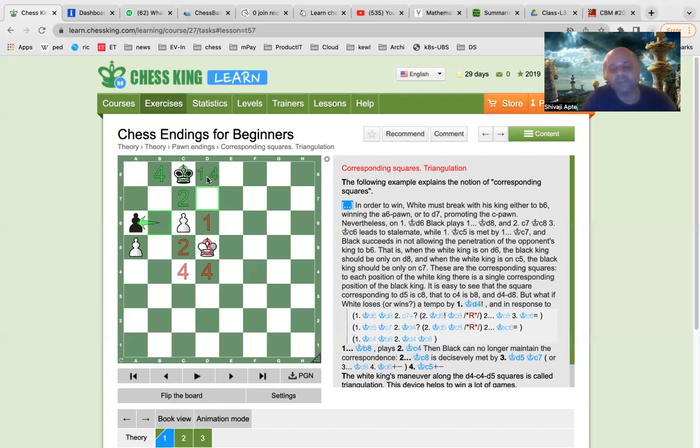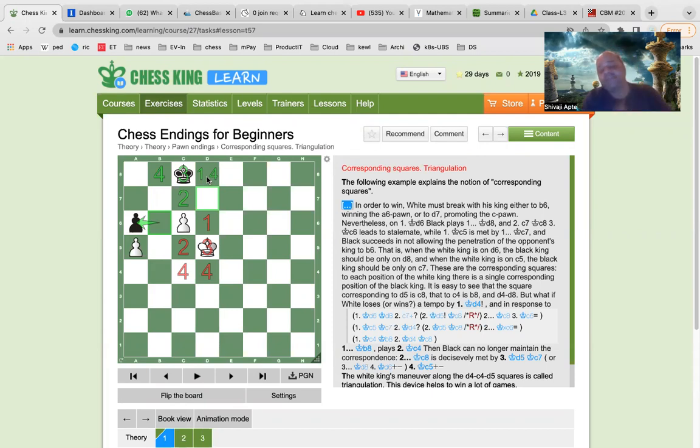There is a d7 also, but d7 he can never be on, because there is a white pawn on c6, which attacks the d7 square. So d7 is not accessible to the black king. So what is accessible? Only c8. So c8 becomes the corresponding square for the white square of c5, right? c5 and c8. Because from c5 white can go to either of the squares marked number 1 and 2. Black also can go to his own squares marked number 1 and 2.